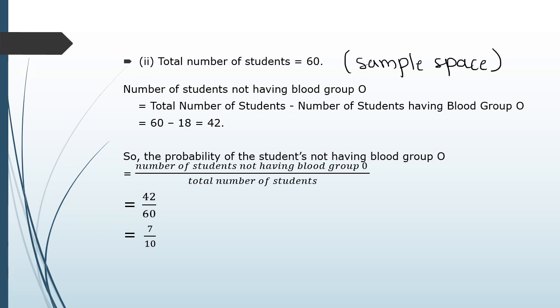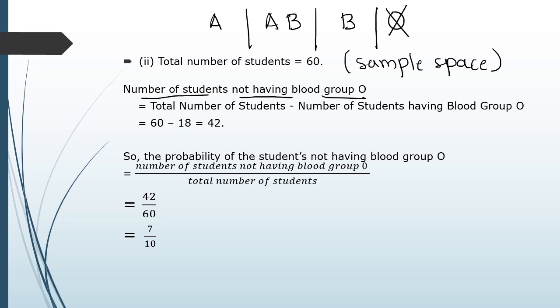We have to find out the probability of the number of students not having blood group O. There are a total of how many sections? A, AB, and then B. And last is O. Bifurcated by 4 types of blood groups, and we have the number of students for each of them. We want the number of students not having blood group O.